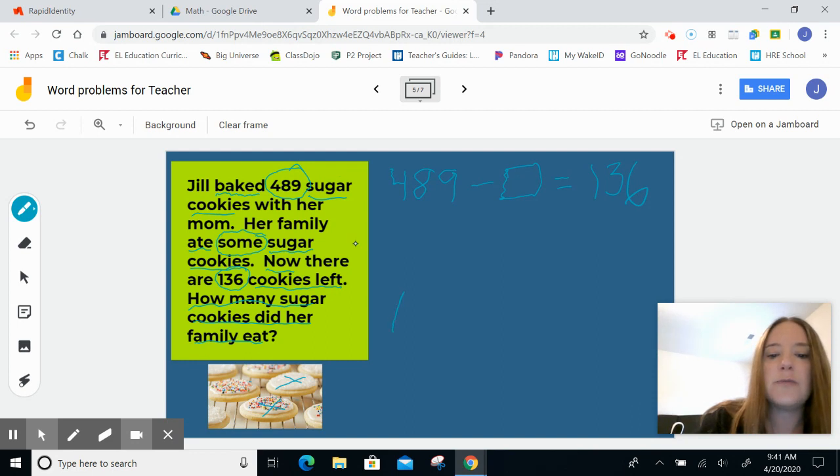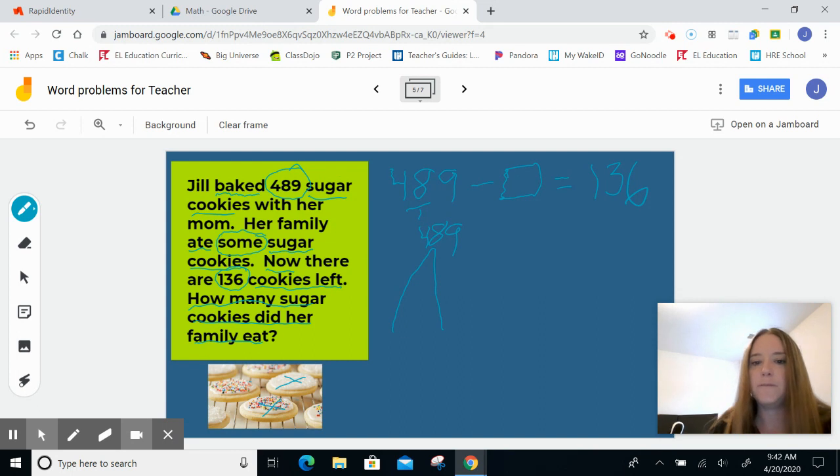To help me come up with my solution equation that's going to help me figure out this unknown number, I'm going to input this information into my Math Mountain. Now, I know when it's a subtraction equation, the total, the biggest number, always comes first. So I know 489 is my total, and I'm going to put 489 at the top of my Math Mountain.